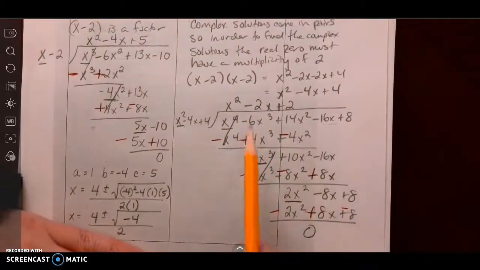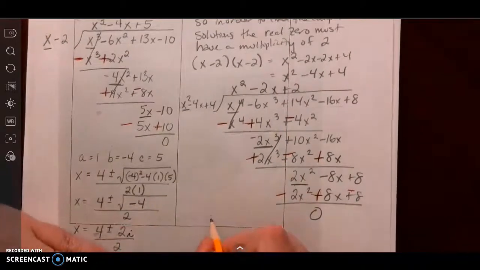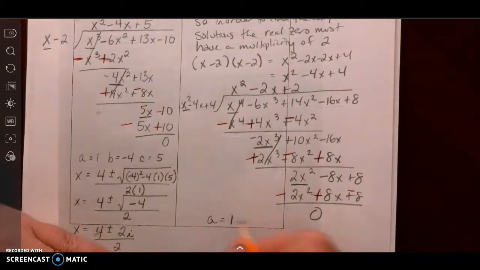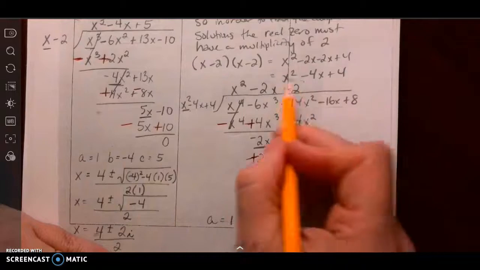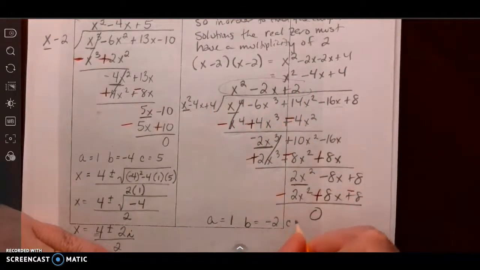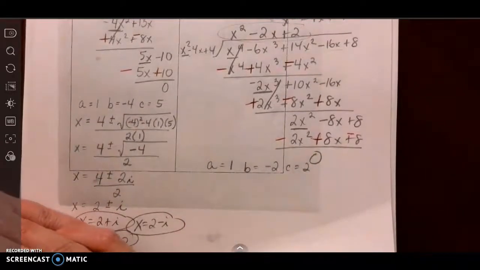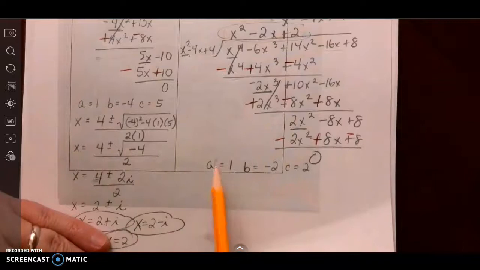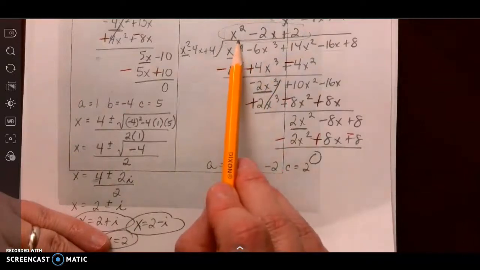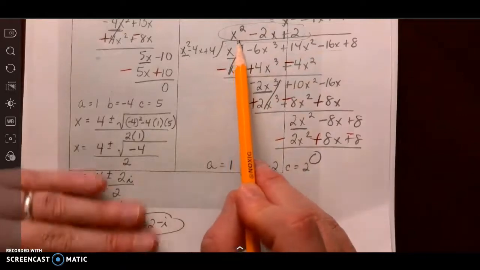So now to find my complex solutions, I'm going to use the quadratic formula on this trinomial. And I'm going to let you guys do that part on your own. So you're going to use the quadratic formula to find the 2 non-real or complex solutions.